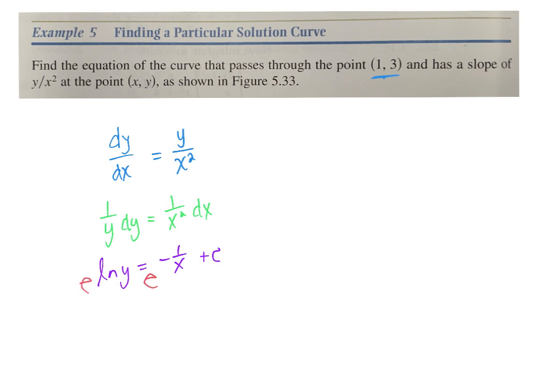On the left-hand side, you're left with just y. On the right-hand side, remember if you have e to something plus something, it's just e to that power times e to the other power. And this is where you're going to want to replace this guy with just c, right? So y equals c e to the negative 1 over x.